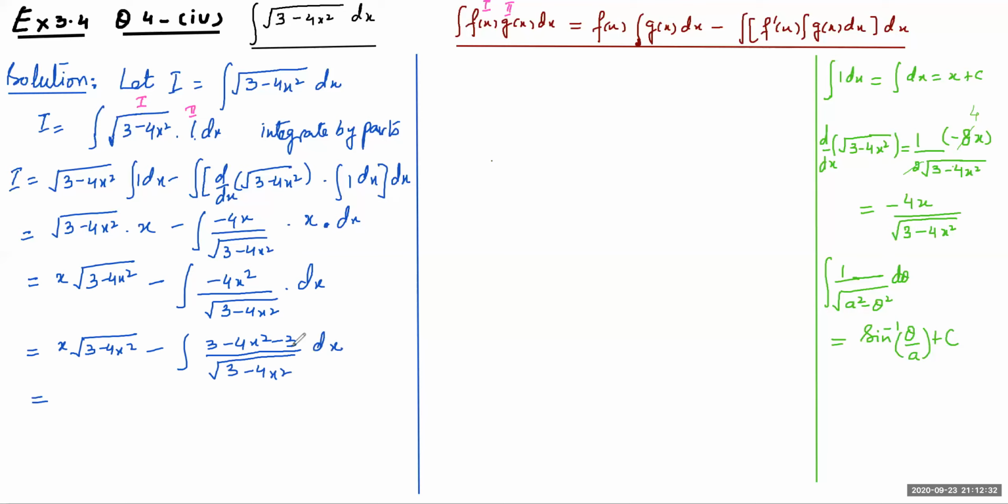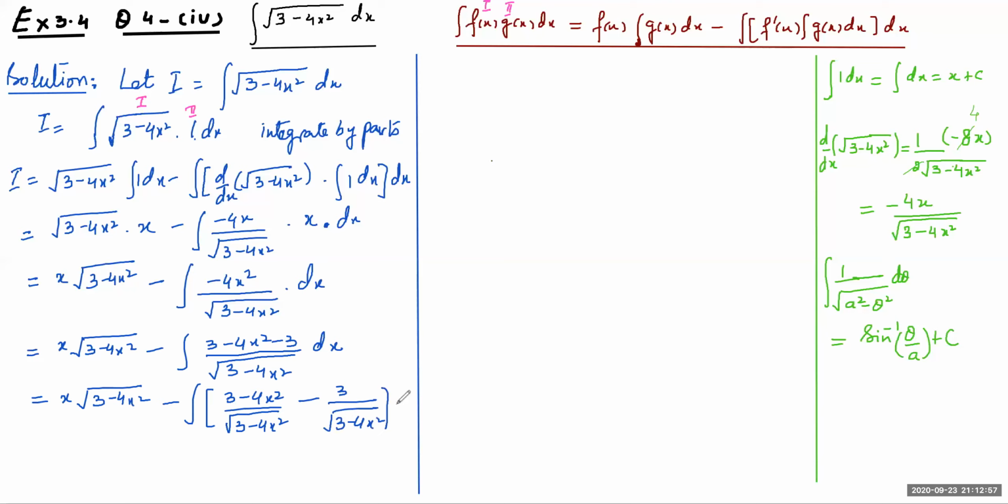Now we will split this fraction into two fractions and we will have x into square root of 3 minus 4x square minus integral, write a bracket here, 3 minus 4x square divided by square root of 3 minus 4x square minus 3 divided by square root of 3 minus 4x square, bracket close, and a dx.